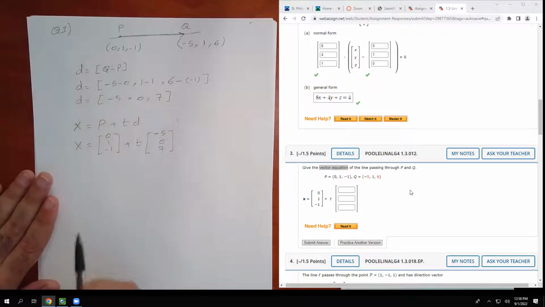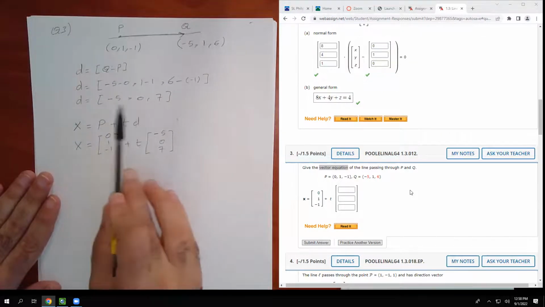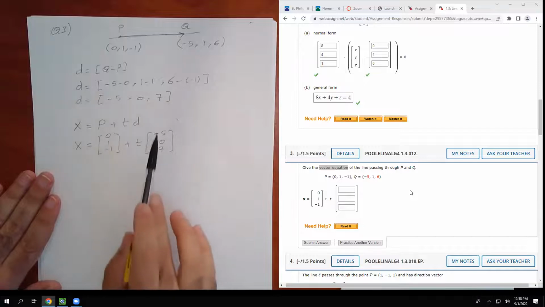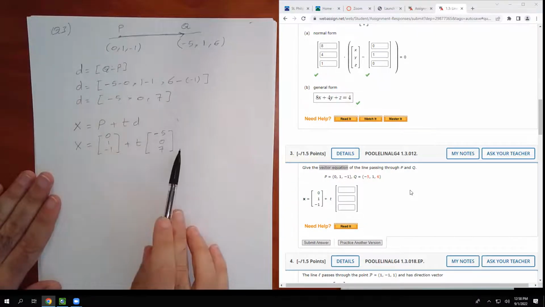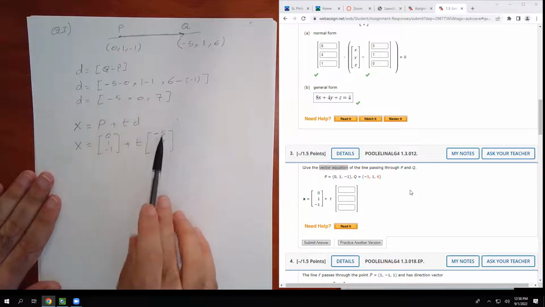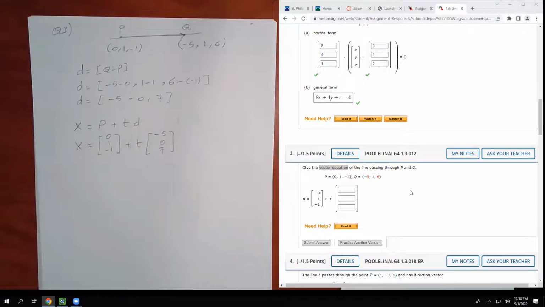Don't confuse yourself, because you can write the vector in row form or column form. It's the same thing, okay? So we're going to write down here -5 and 0, and here is going to be 7.